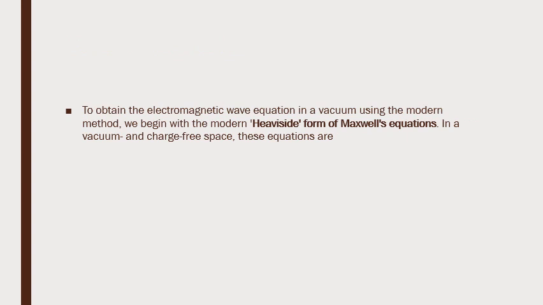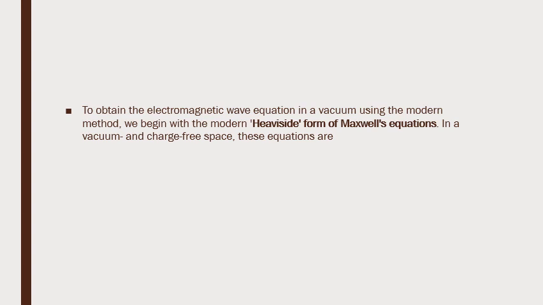To obtain the electromagnetic wave equation in a vacuum using modern methods, we begin with the modern Heaviside form of the Maxwell equations. In a vacuum and charge-free space, the equations can be written in a particular way.